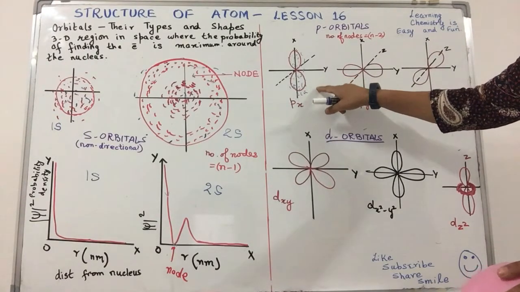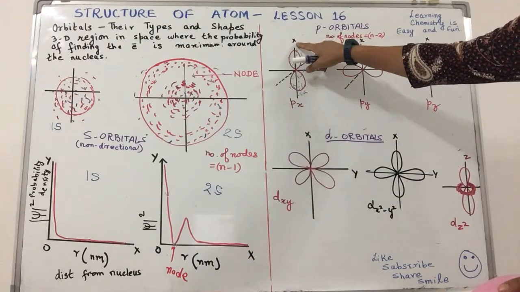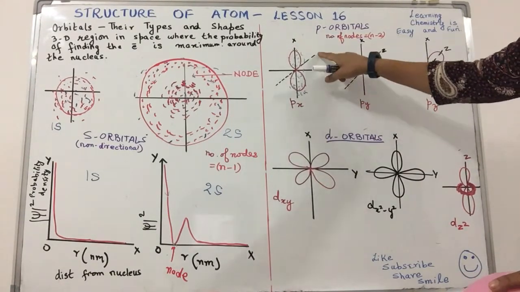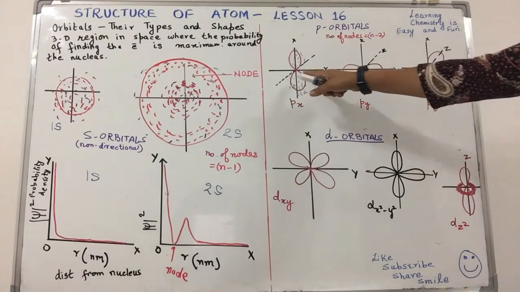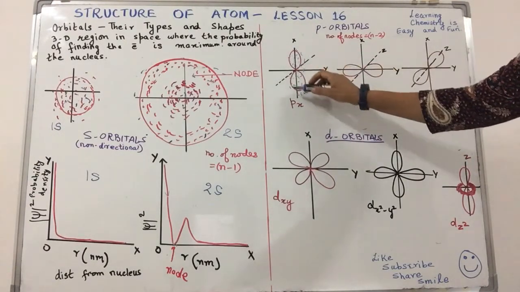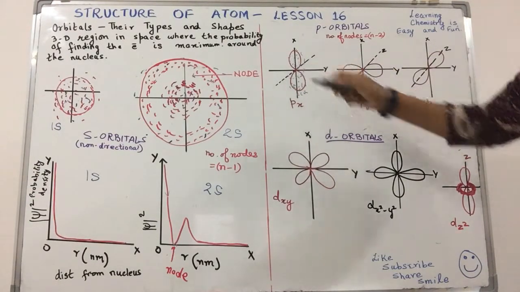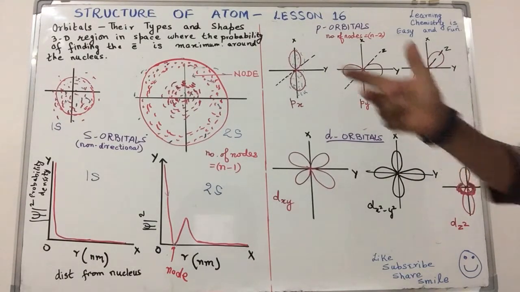Different texts prefer to name them differently. In many of the texts, you'll find this as y, this as z, this as x. They are all mutually perpendicular, and represent the same thing. So if I am saying Px, that means the dumbbell is aligned along the x-axis. These three are mutually perpendicular. Very simple representation.